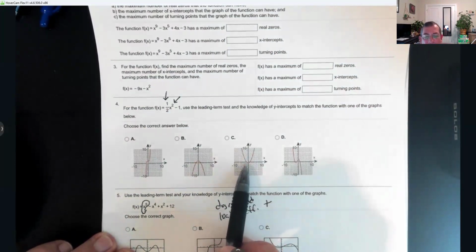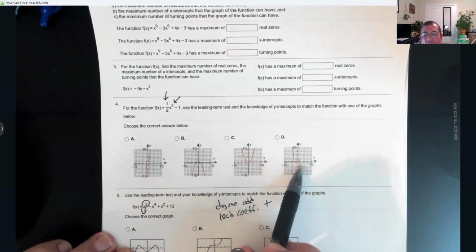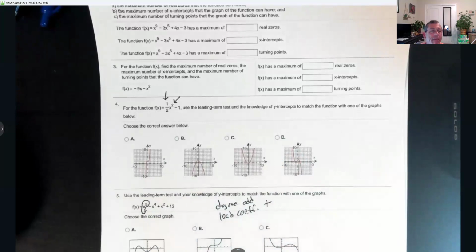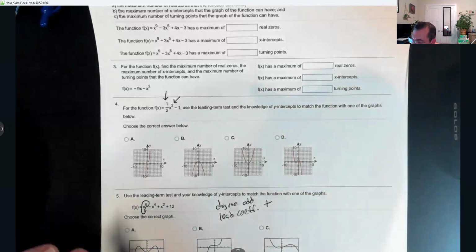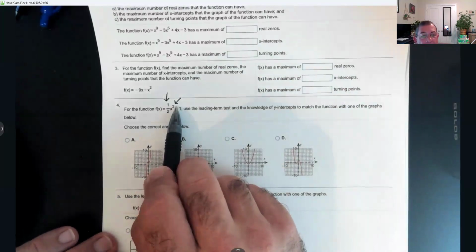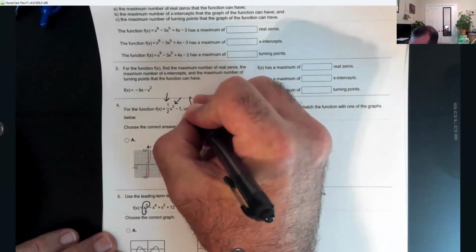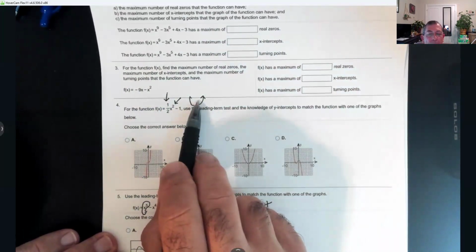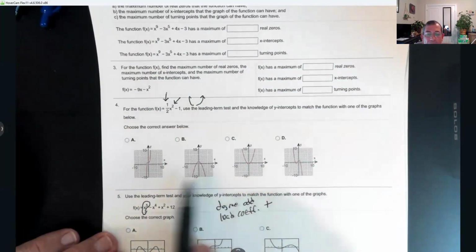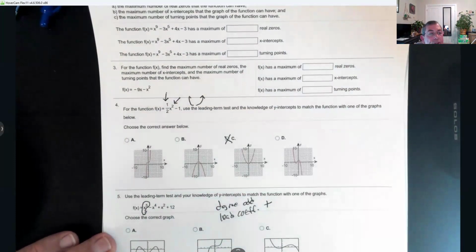Would you pick the parabola that opens up? Or would y'all pick the graph that goes downhill left to right? Whoa, y'all getting on there quick. See, exactly. Y'all remember we said if it was even with a positive lead coefficient, in the big picture, both ends were going to go up. Well, y'all, only one of these graphs has both ends going up, and that would be your C on that one.